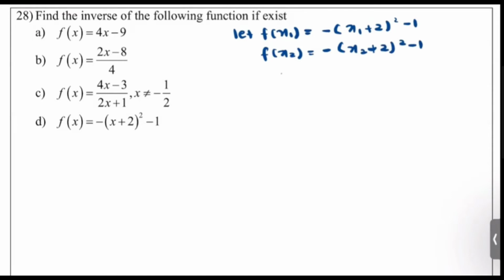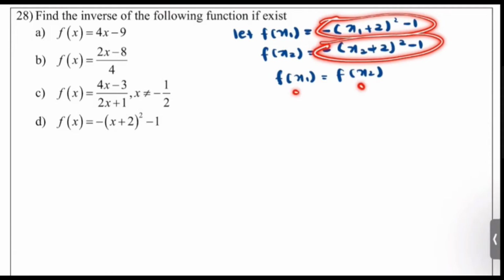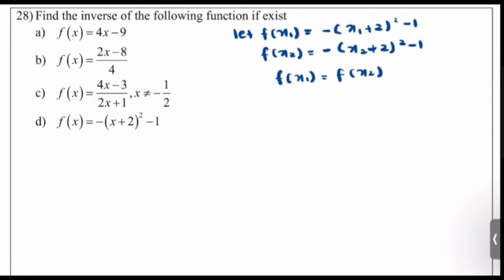Now f of x1 equals f of x2. Substitute into the function, so it becomes negative x1 plus 2 squared minus 1 equals negative x2 plus 2 squared minus 1.